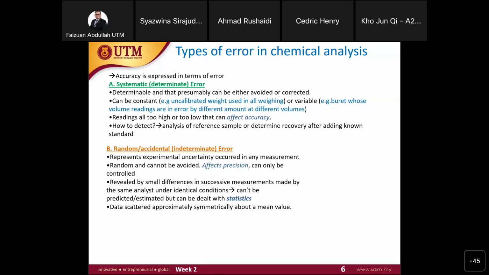The 100% is 10 ppm, but we got 11 ppm, so the recovery is 110%. Or if we analyze 10 ppm of mercury contained in a sample and we got 9 ppm, the recovery is 90%.